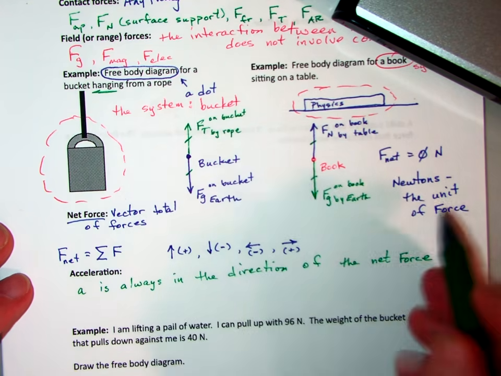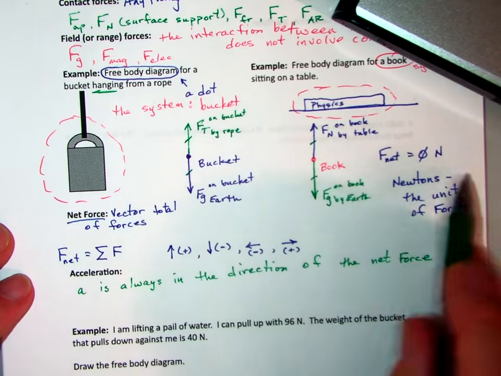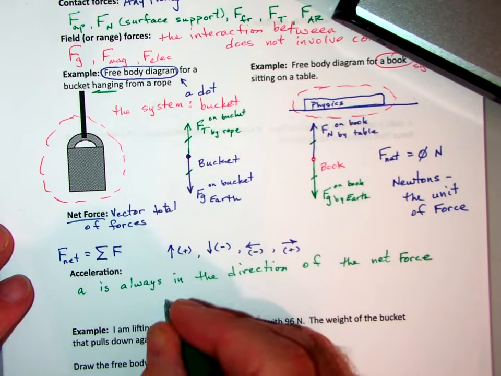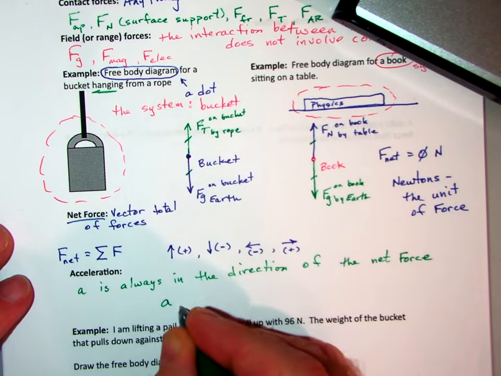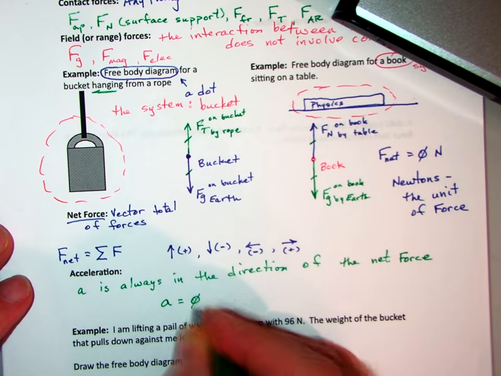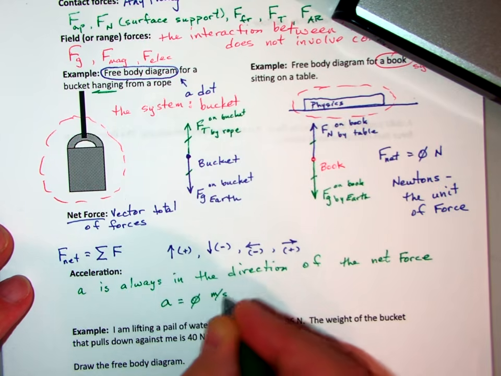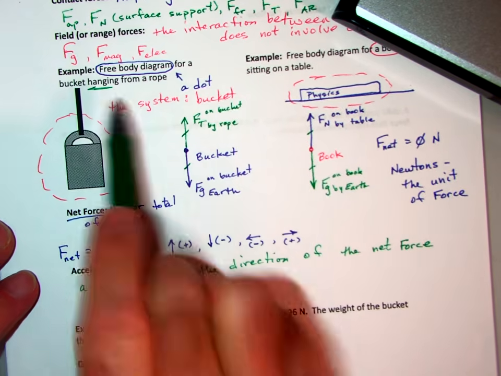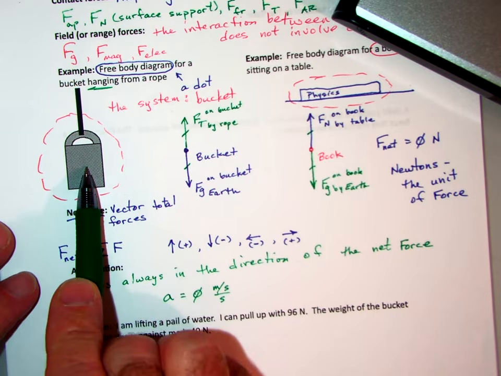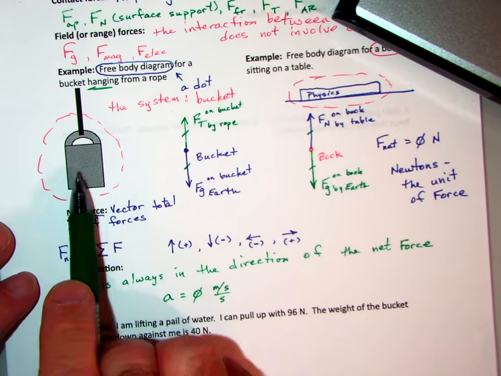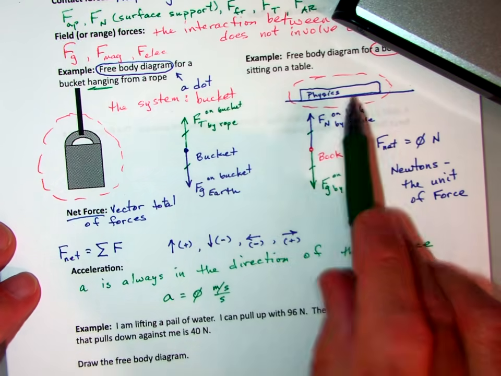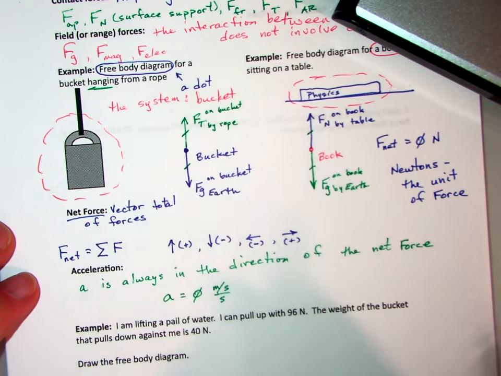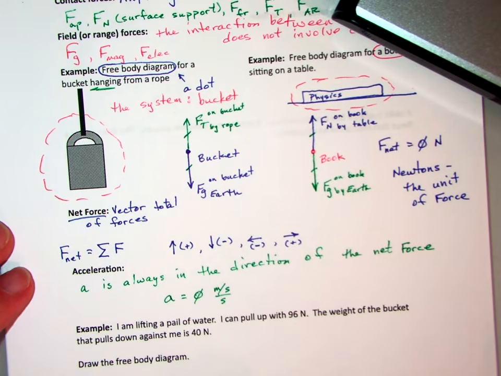And in these cases, with the net force being equal to zero, in both of those cases, the acceleration is 0 meters per second per second. Right? In this case, the bucket is hanging; it's not moving. Therefore, obviously, the acceleration is 0. This book is sitting on a table. Again, not moving. Obviously, its acceleration is 0.